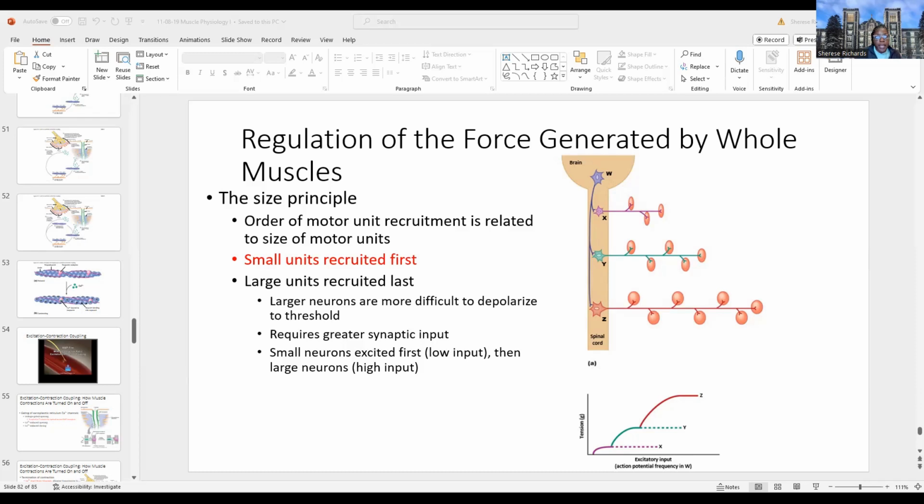And so myoglobin content will also be high, which is also going to give that red appearance to these muscles. However, they will be highly resistant to fatigue because they have a slow contraction, they use oxygen, which is a steady supply, and they do not have lactic acid buildup. They will have a high tolerance to fatigue.